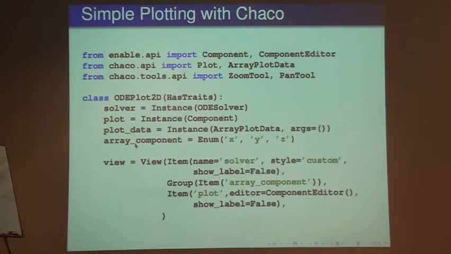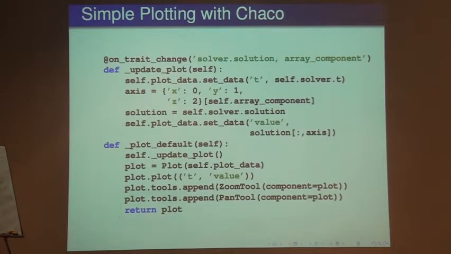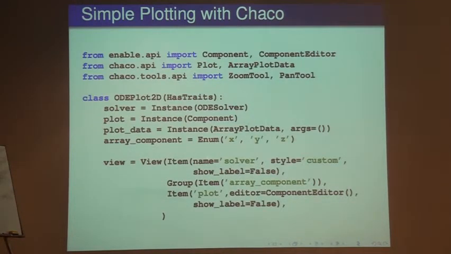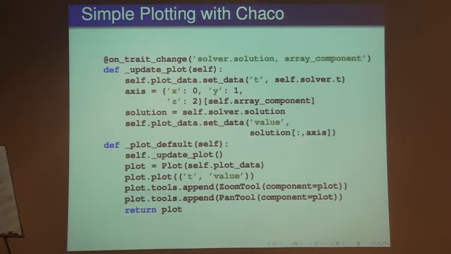So the other thing here is I'm going to use 2 pieces here. One is all of the Chaco pieces, which is the instance, component, and the component editor. Right? That's really the only new pieces here. Now, the first time the object is created, this magic method plot default will set up the plot the first time.